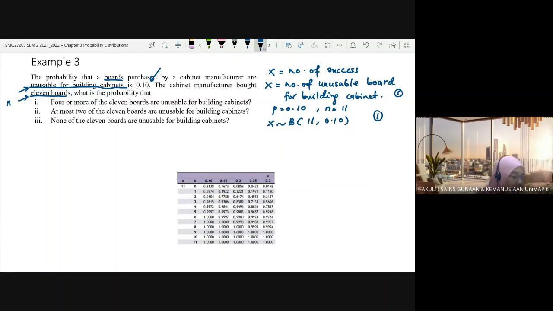Can you try number 1, Roman 1? 4 or more of the 11 boards are unusable for building cabinets. I have given you the table already. Okay, 1 minute, please.